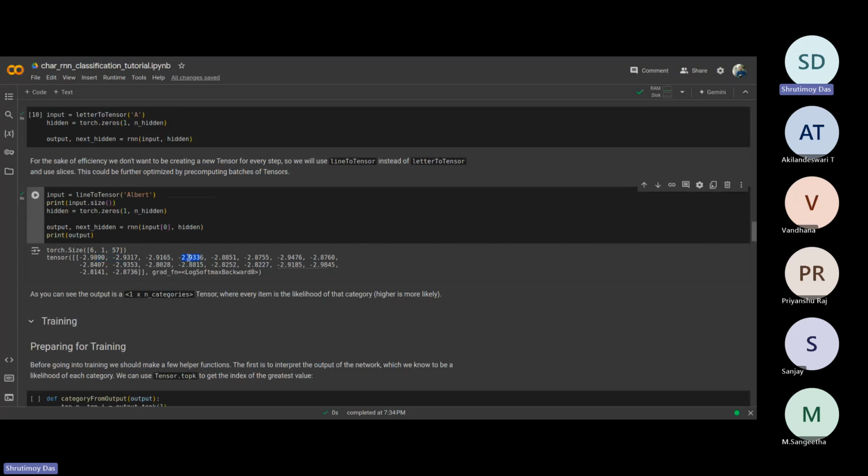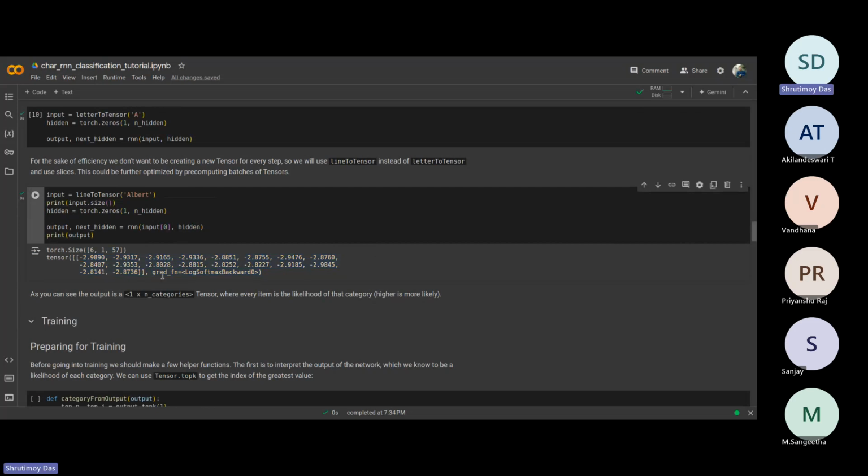It means that if we take the exponent of this, it will give us a probability of Albert belonging to, say, this position for German. So what is the probability of Albert belonging to the class German? This output is a vector of all probabilities of belonging to different classes.